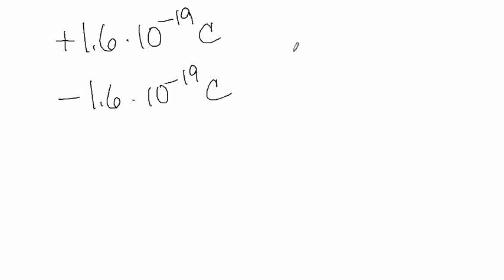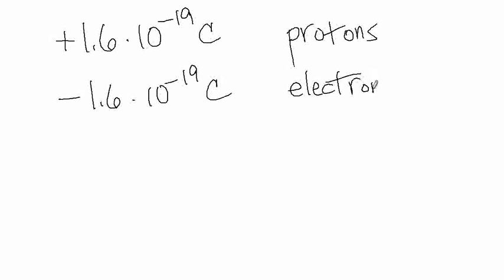Protons are positively charged particles that have the smallest amount of positive charge, 1.6 times 10 to the minus 19 coulombs. Electrons, on the other hand, are negatively charged particles that have an amount of charge equal to negative 1.6 times 10 to the minus 19 coulombs. Okay?